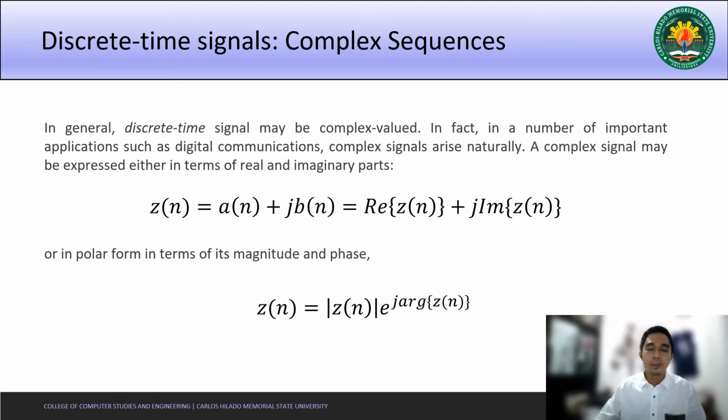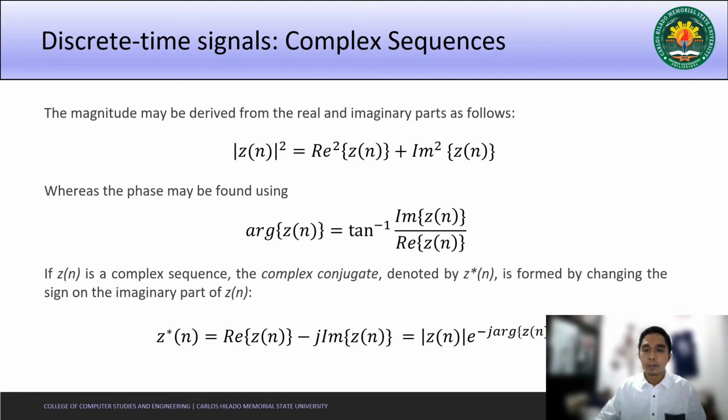In this form, you could relate these two as the real and imaginary parts. In other forms, you could have it in polar form using the magnitude and the phase, using the exponential value and the absolute value of z of n. So that is for complex sequences.